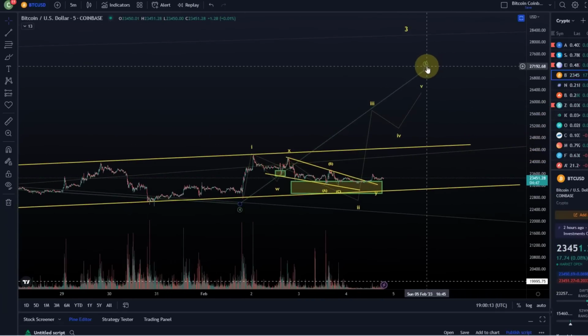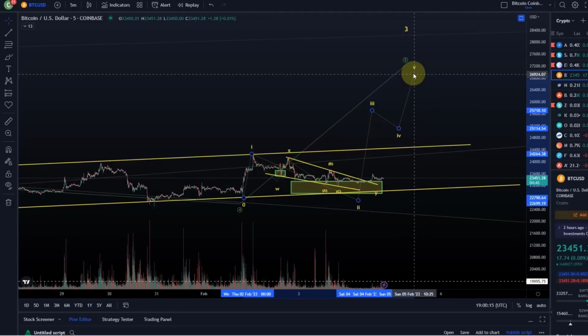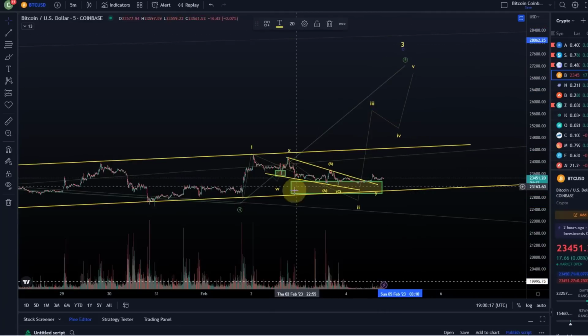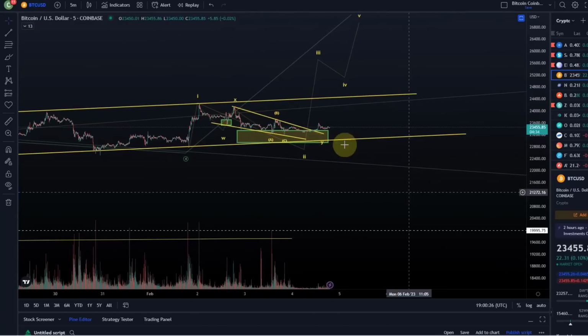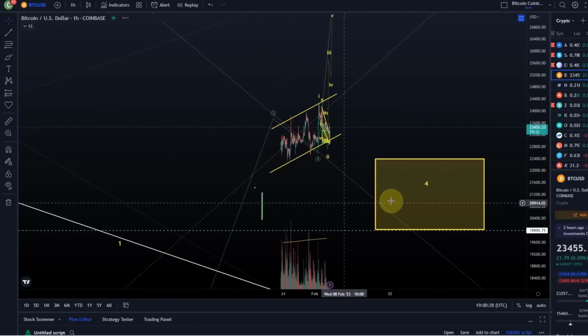So to put that into context, the preference is still to extend higher in this wave 5 of 3 here. No change to the previous video. But of course, if we lose support, which is here the 22,900 level, then we need to be watching, do we drop into this wave 4 support that I related to?